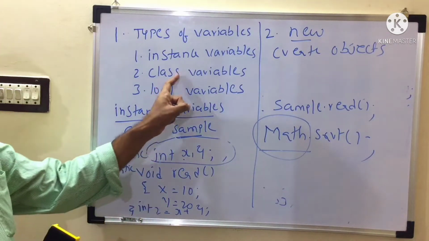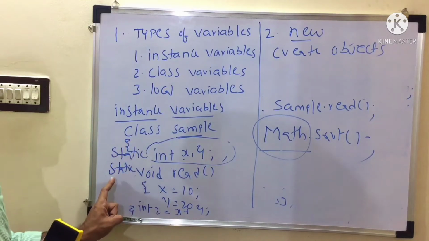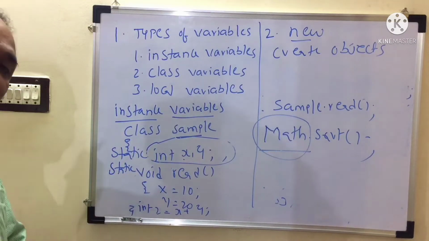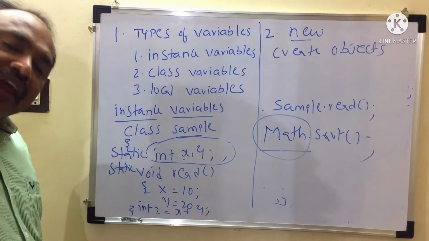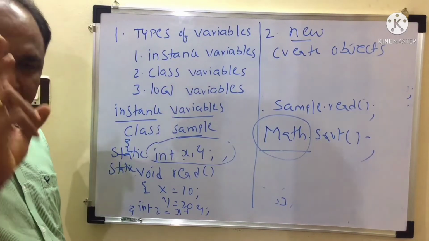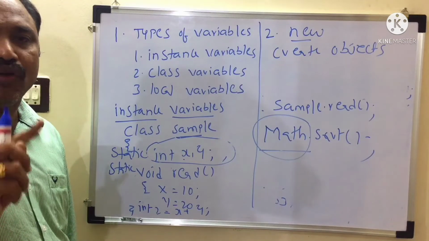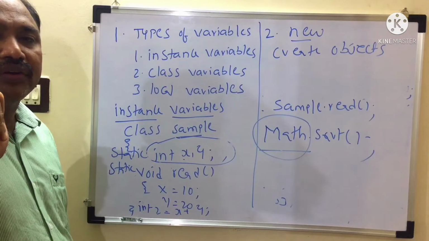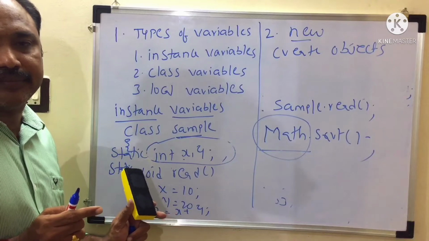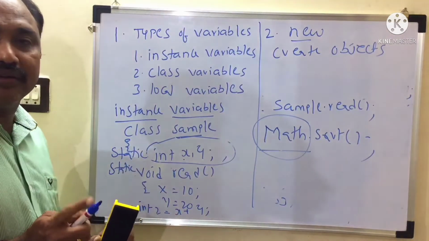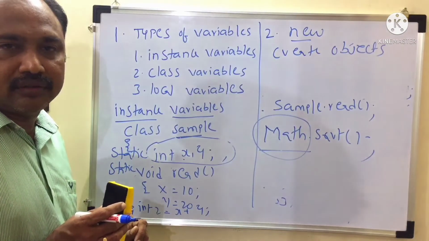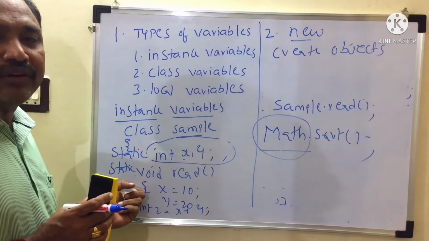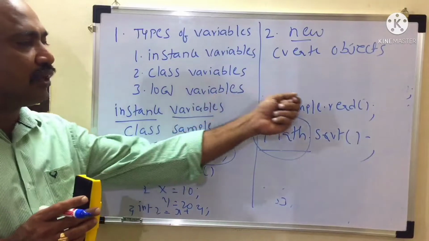This is regarding class variables. Why are static variables referred to as class variables? I can create any number of objects, n number of objects, but only one copy of the variable is created. That is the purpose of static. If you use a static method, no need of creating an object.